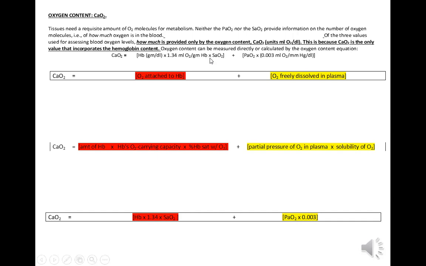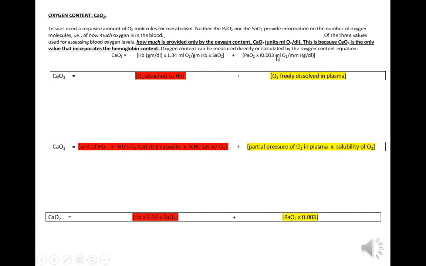Then you're going to multiply the SaO2. Remember, SaO2 is the saturation percent of oxygen on hemoglobin, as determined by the arterial blood gas in this case. So that is going to be a decimal if it's below 100. That's a decimal, not a whole number, percent. So then you're going to do all that math of multiplying those 3 numbers together.